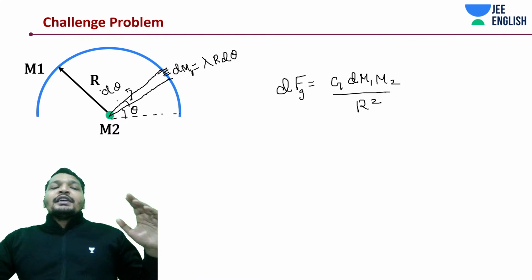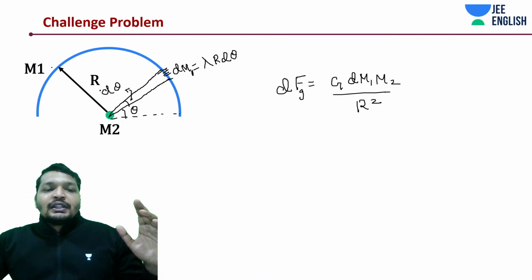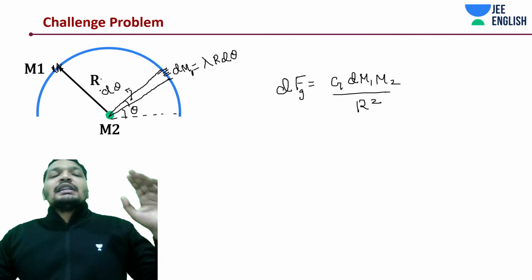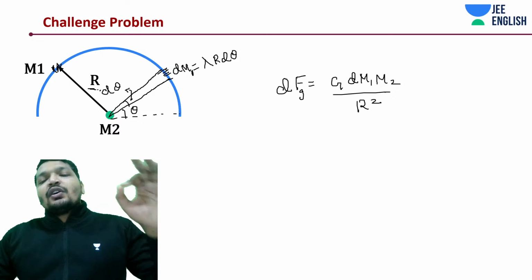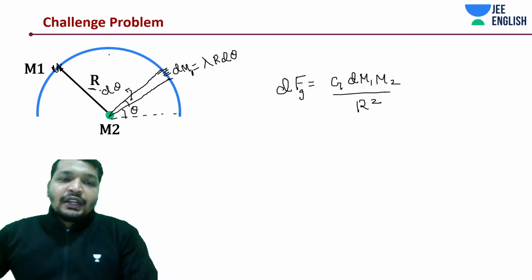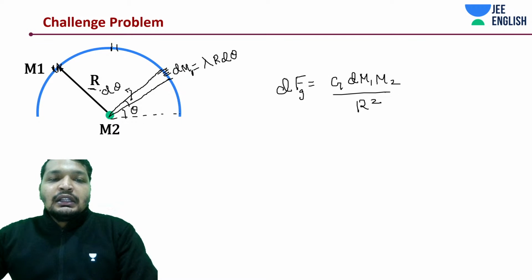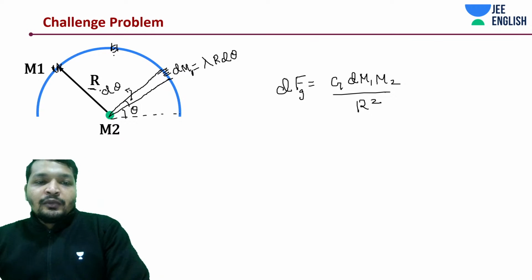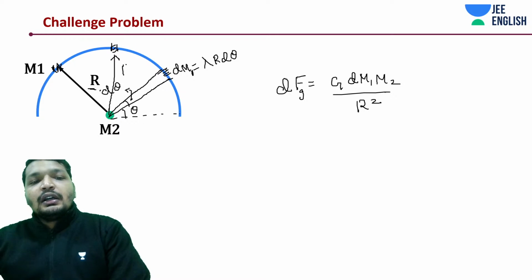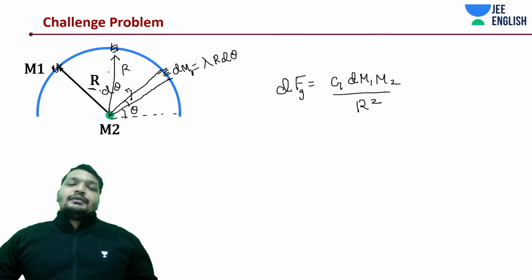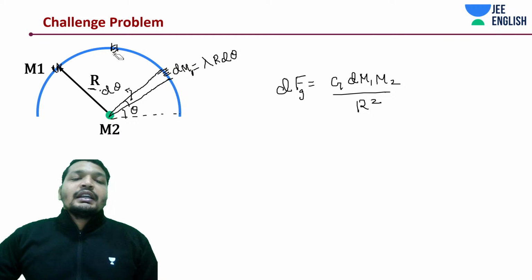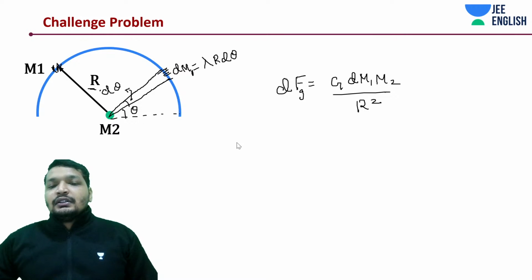For any of the elements, what is the distance, students? Even if you take an element over here at some different theta, the distance is still going to be the radius of the ring, the radius of the semicircle. Whatever element you take, the distance is still going to be radius r of the ring. Easy.